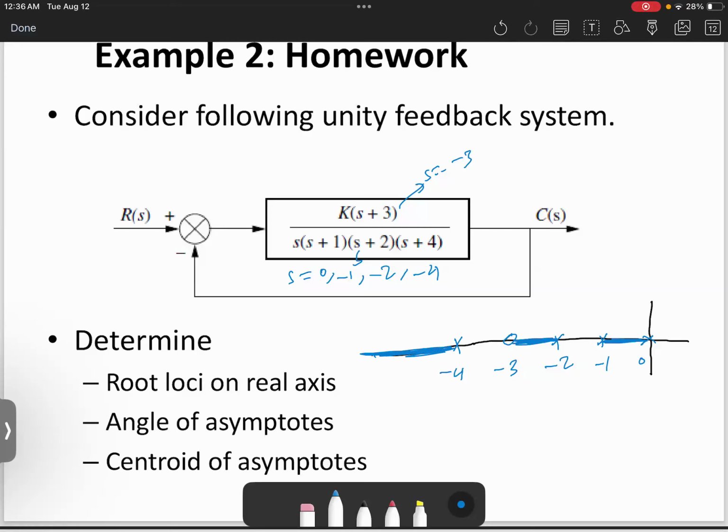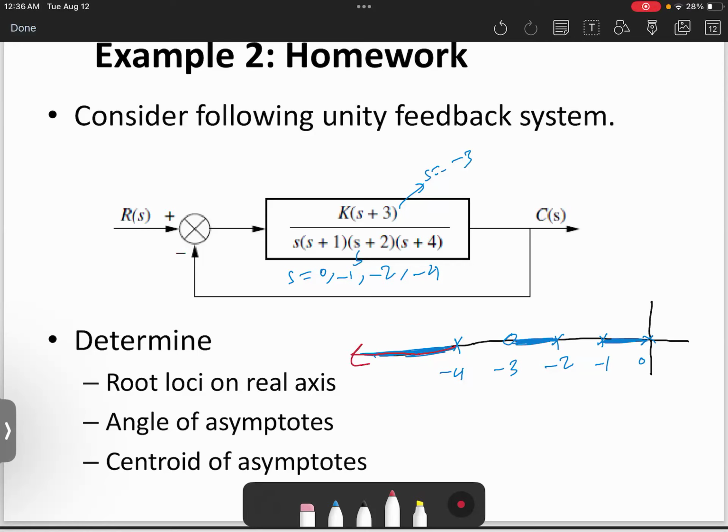Then we can say the pole at -4 will be going to either 0 or plus or minus infinity, but it is allowed to move only to the left region. Therefore, it will go to negative infinity. That's the first thing about the pole at -4. Then look at the pole at -2.